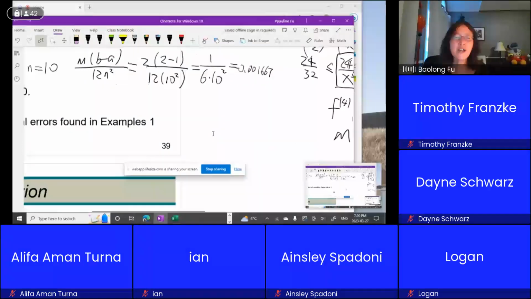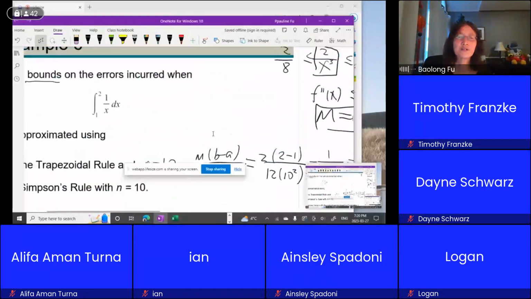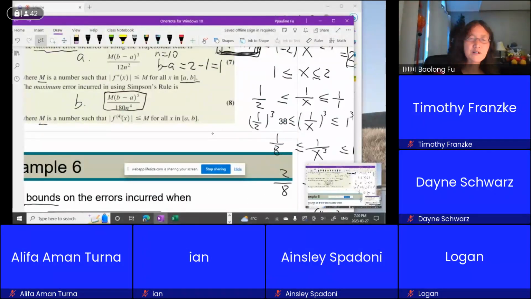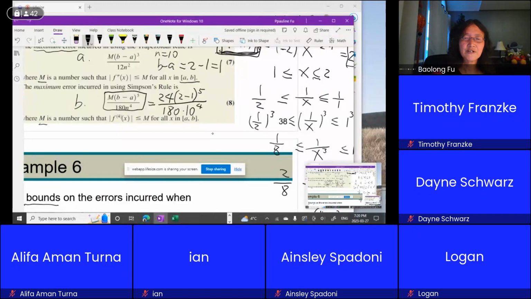Once we found our capital M, we use this formula. So it's 24. B is 2, A is 1, raised to the power fifth, over 180 times N. N is 10 to the power 4. So this number equals 24 over 180 times 10 to the power 4.